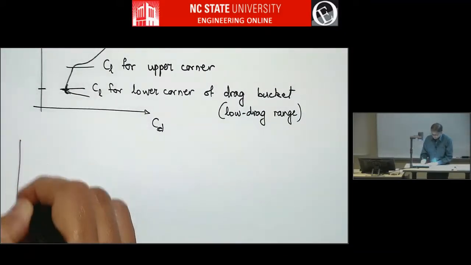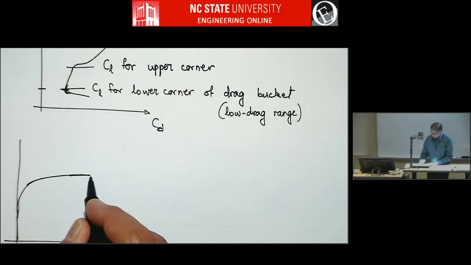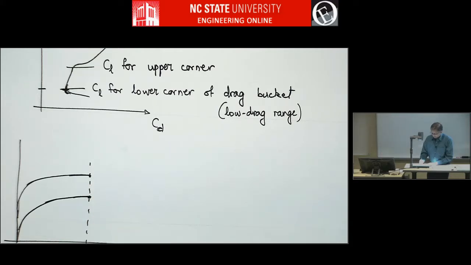So that means try to do something like this. When the airfoil is in the drag bucket, you will have the upper surface like this and the lower surface like this, and set this to 50% chord. Let's call it 0.5 and 1. That's what we normally do.